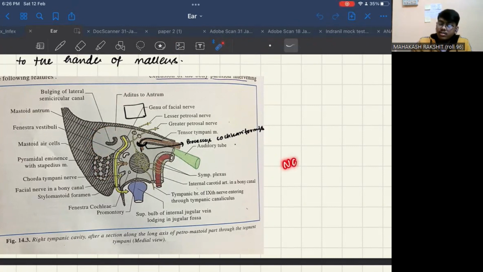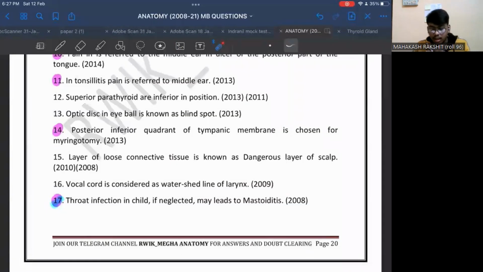So the nasopharynx infection may go via the auditory tube or eustachian tube all the way to the middle ear cavity, and then via the aditus to the mastoid antrum and the mastoid air cells. This is the route of spread of infection from the nasopharynx to the mastoid antrum and mastoid air cells, leading to mastoiditis. So this was all about the previous year's West Bengal University of Health Sciences explain why questions.